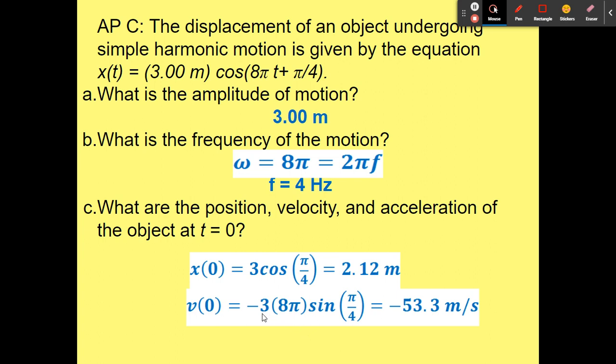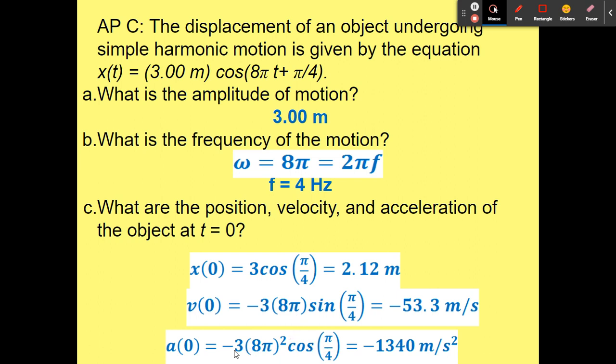So we've got negative 3 times 8 pi times the sine of pi over 4, that's a negative 53.3 meters per second, and acceleration is the derivative of this one. And don't forget the 8 pi. So there we've got negative 3 times (8 pi) squared times cosine of pi over 4. And that gives us a negative 1340 meters per second squared. If we were then asked to figure out what the force was, as long as we had the mass of our object, we would just multiply that by whatever a is.